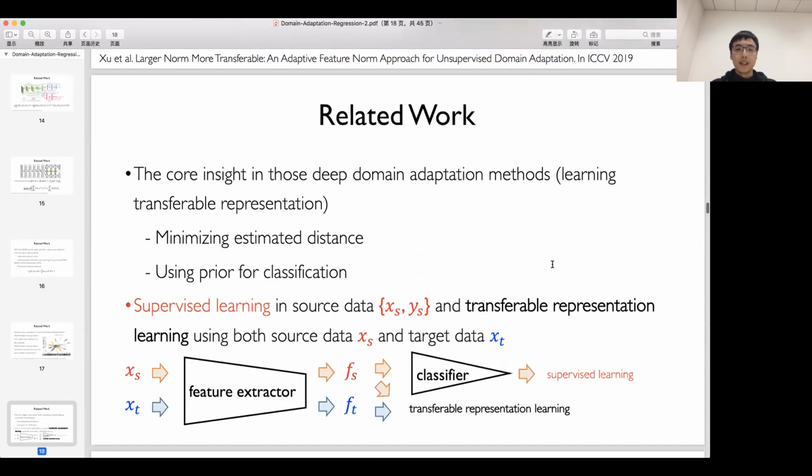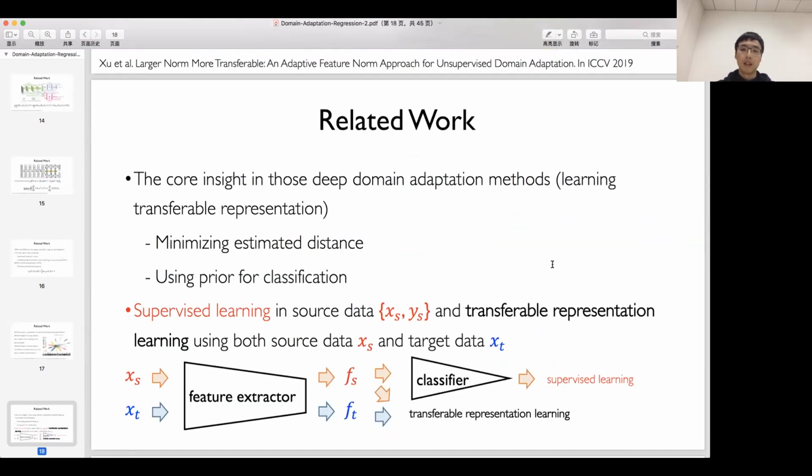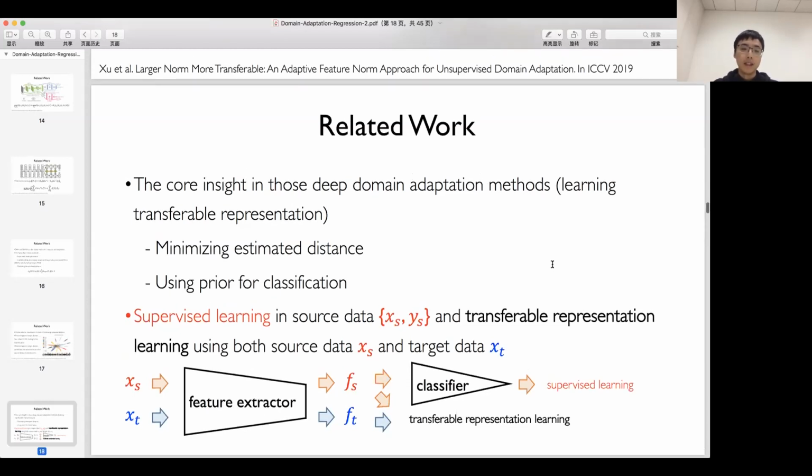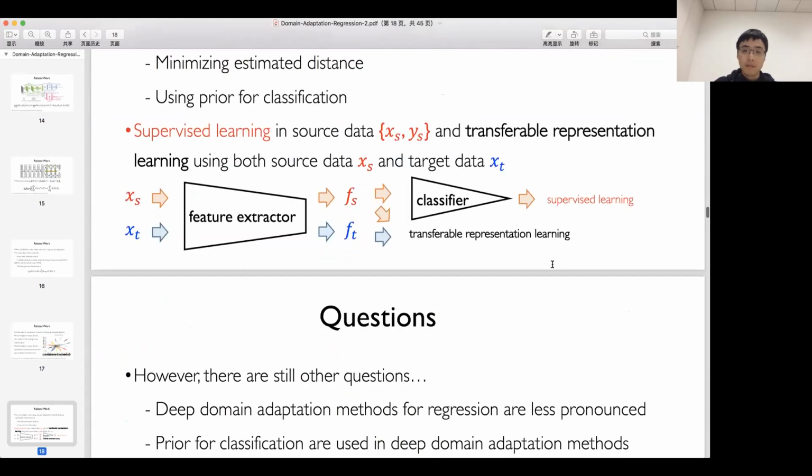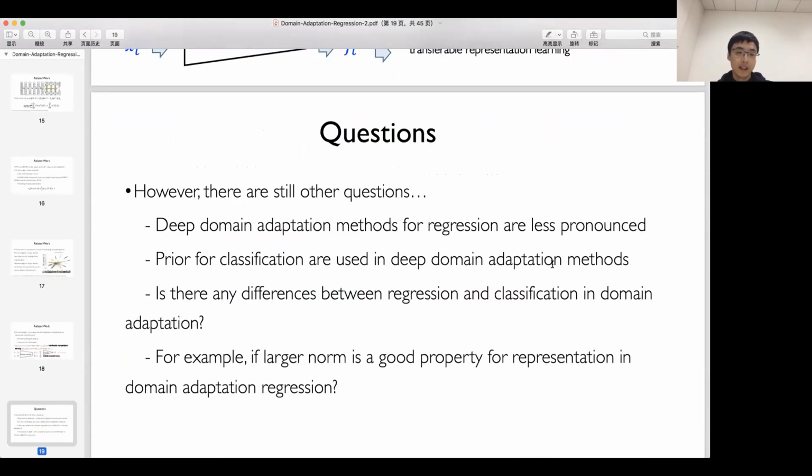So I think the core insight in those deep domain adaptation methods is minimizing estimated distance or using priors for classification. So they always supervise learning on source data and learn transferable representations using both source data and target data. But there are still other questions.